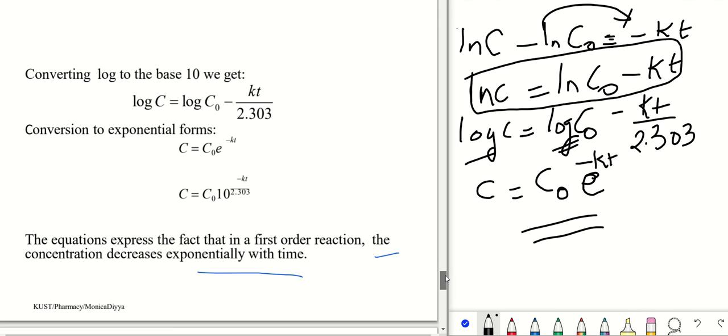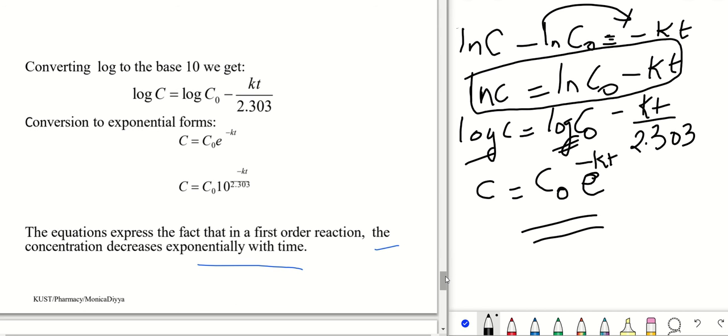Now, why is this conversion into a linear equation really important? Because in order to know the half-life, and in order to know the reaction rate constant for a given reaction, it has to be a linear expression, because it will be much more helpful for us to plot a graph, and thus the calculations become much easier.